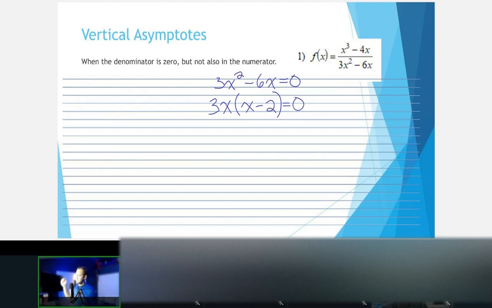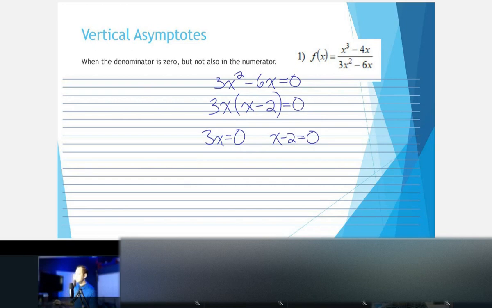So Noah again says set each factor equal to 0, and he would be correct. Enzo, you said check the roots. I'm not really sure, you need to expand on what you mean by that. But Noah's right. We set the factors equal to 0. So we're going to have 3x equals 0, and we're going to solve that, and then x minus 2 equals 0.